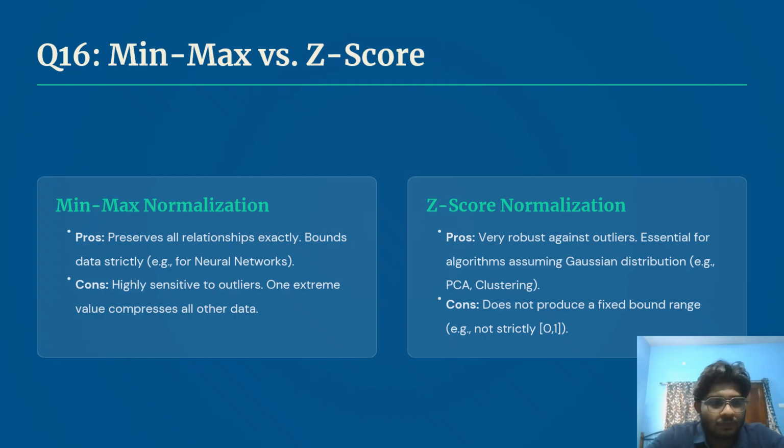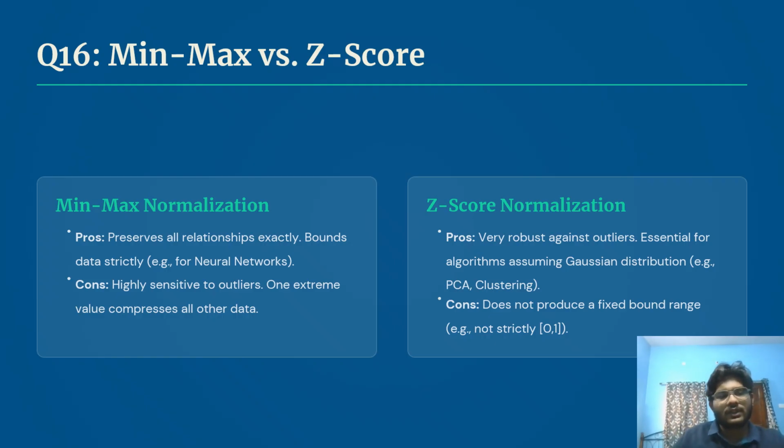Mean becomes 0, standard deviation becomes 1, no fixed output range, handles outliers better, works for Gaussian distribution, as I said before, required for PCA, clustering, SVM methods. And the con is it does not produce a fixed bounded range, harder to interpret values, the range is not limited. So these were the differences between min max and z score.